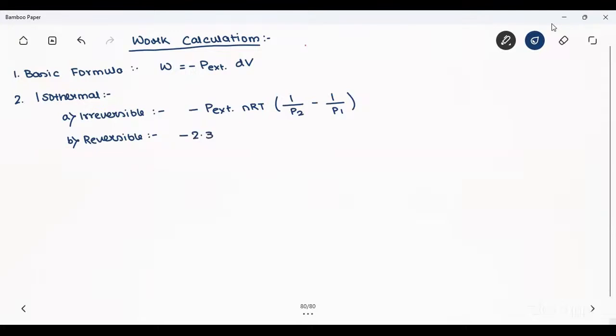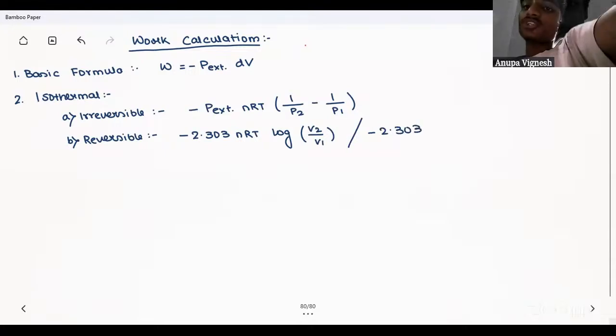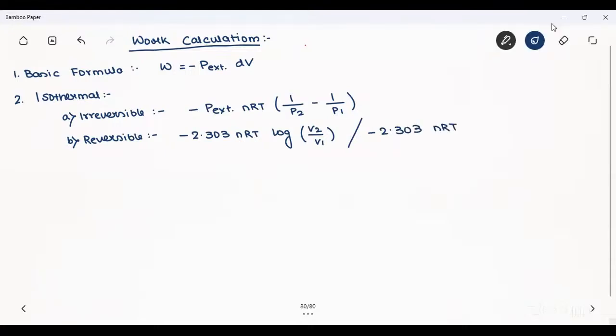Minus 2.303 nRT log of V2 by V1, or minus 2.303 nRT log P1 by P2. Yeah, this is the thing we have done, right?